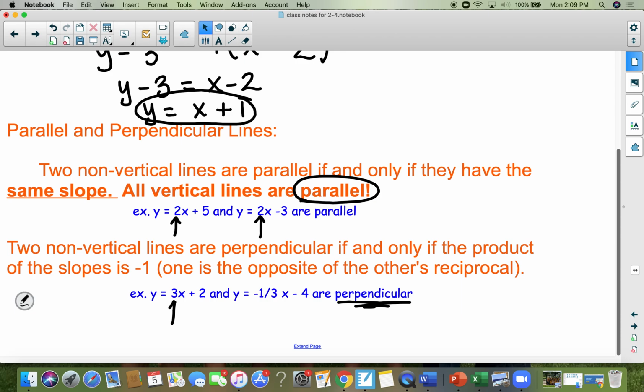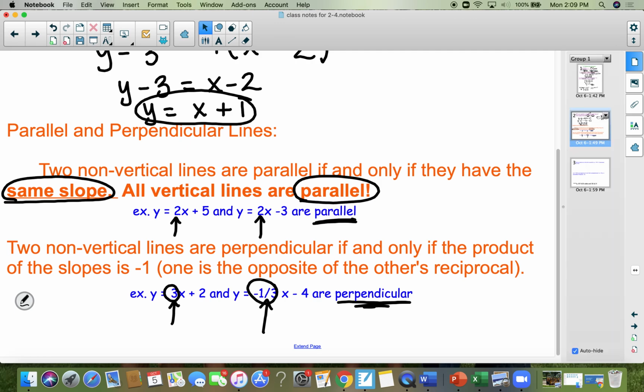They have an opposite reciprocal. The reciprocal of 3 is 1/3, but it's the opposite reciprocal. Again, parallel lines have the same slope. Perpendicular lines have opposite reciprocals.